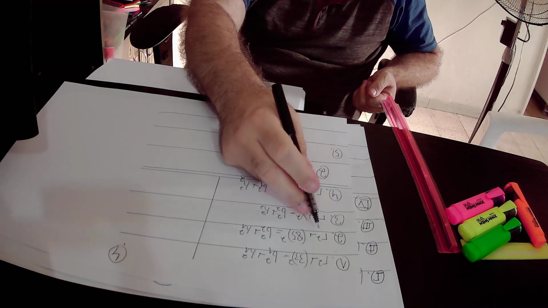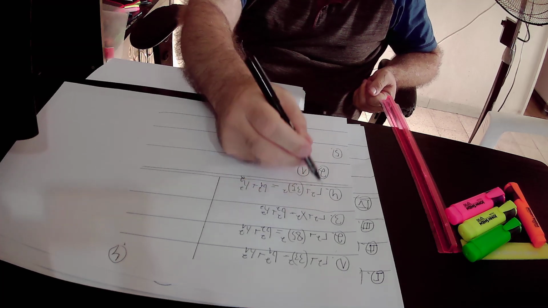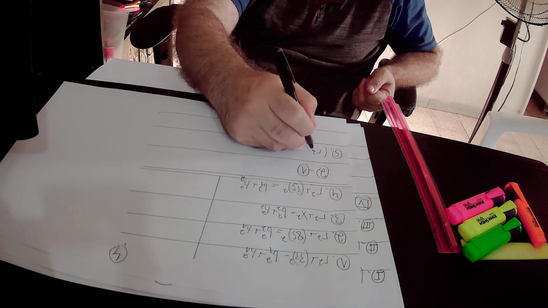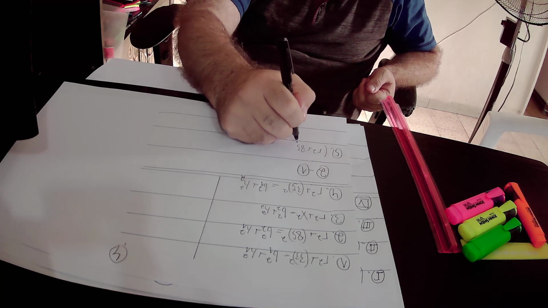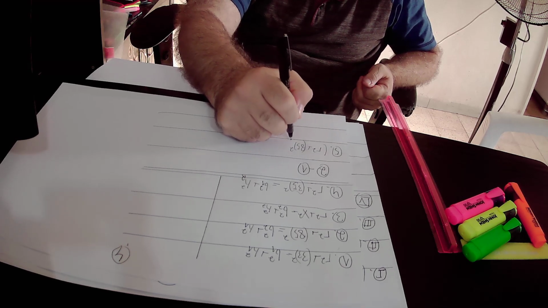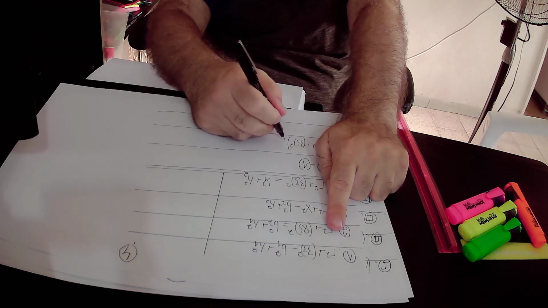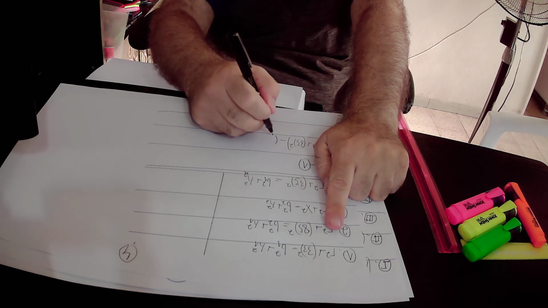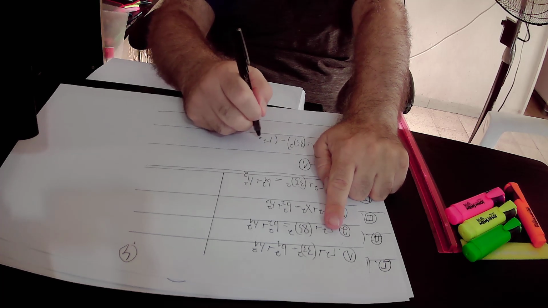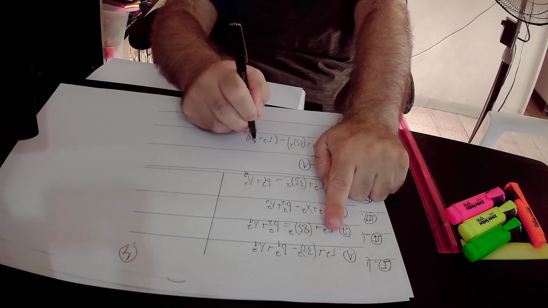In this side of equation number 2 we have R square plus 85 square, minus equation number 1, we have in this side of equation number 1, so it is minus R square plus 33 square.